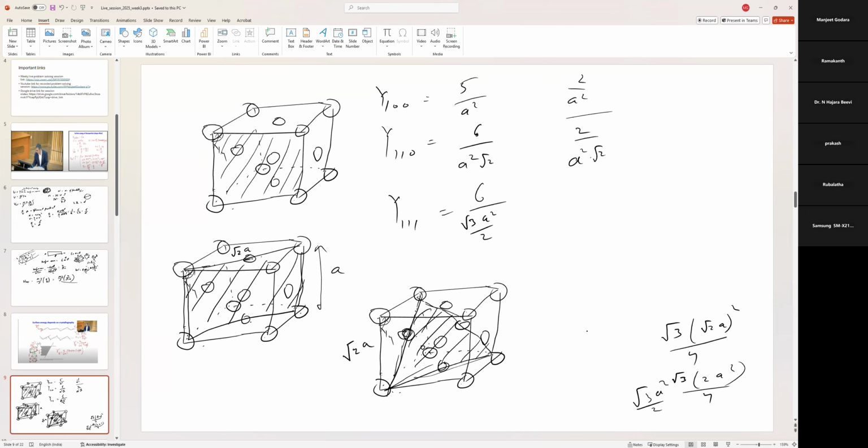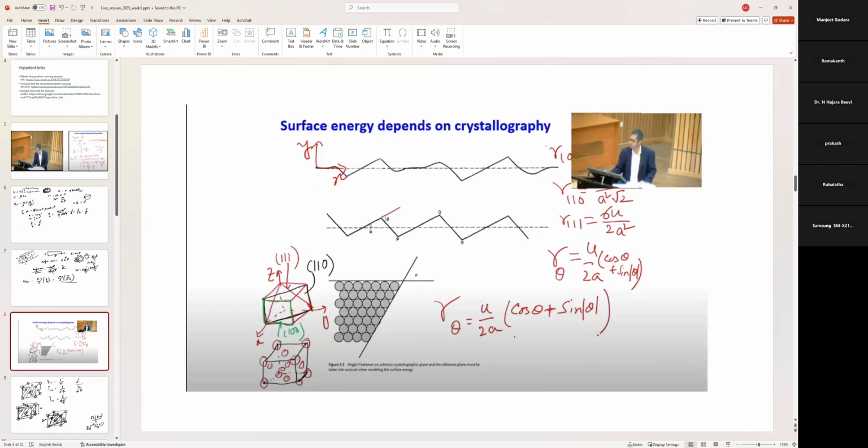Again, I think he just multiplied the two dimensions. He said this is root 2a, and we just multiplied root 2a and root 2a, and we got this value.